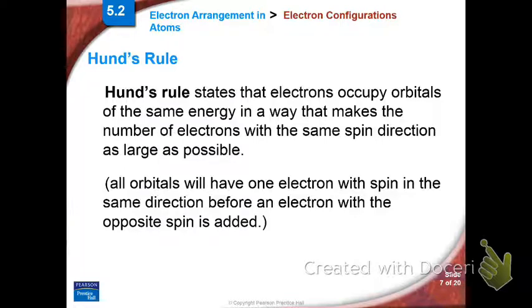So we're going to set all our electrons to spinning clockwise before we add electrons that are spinning counterclockwise. When we fill up an energy level, we are going to make sure all our arrows are going in the same direction and fill up that level before we switch the direction of our arrow.